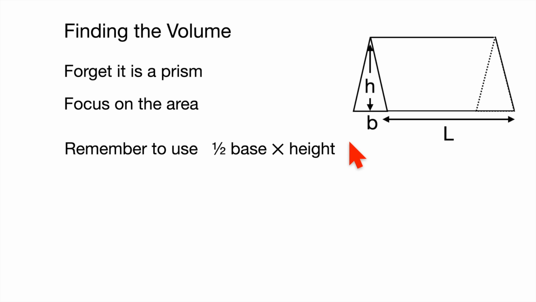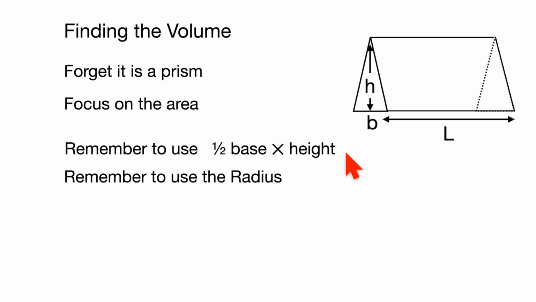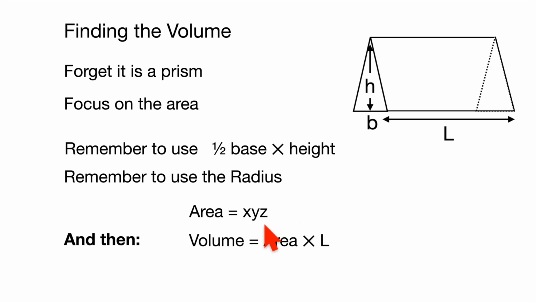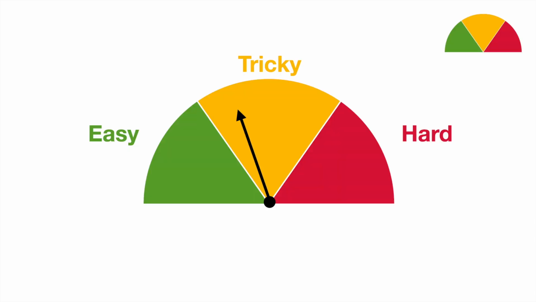You won't put on times length and then forget about the half, or forget to use the radius. It's always easy if you focus on small parts of the question. Focus on getting the area. Area is going to equal x, y, z or something or other. And then volume equals area times length. I hope that will make a tricky question a little bit easier.